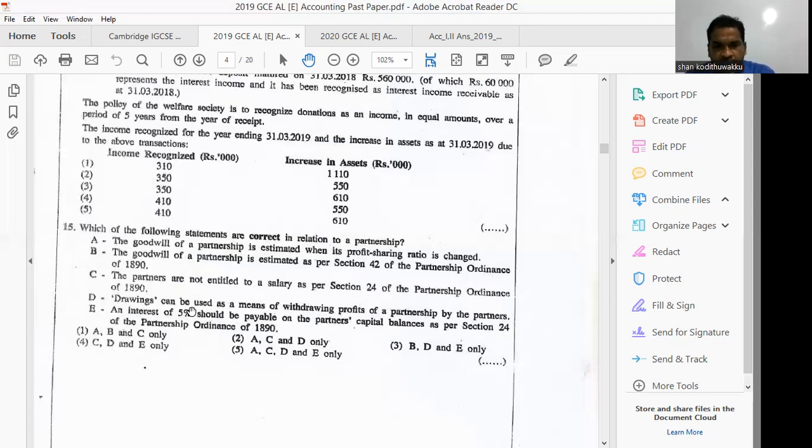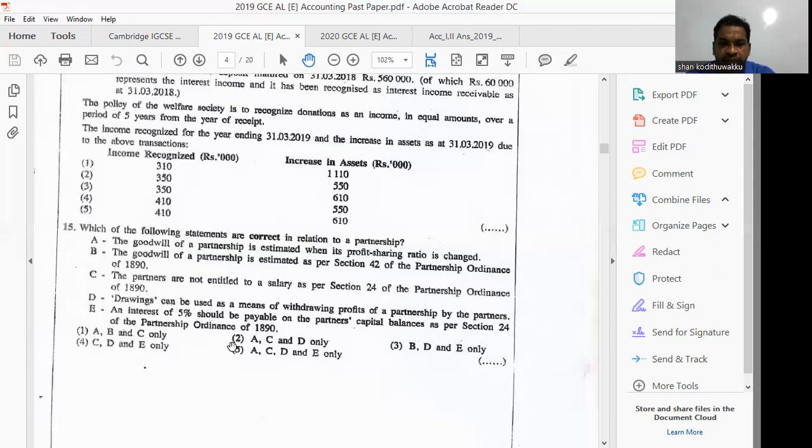Then when you consider these things, if there is a wrong answer, we can easily reject that one. Here, the answers having option B, we can reject.